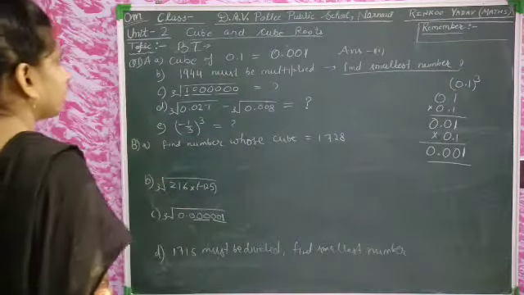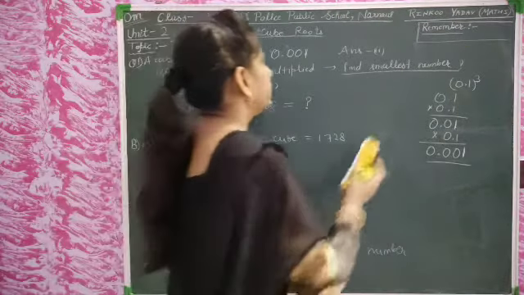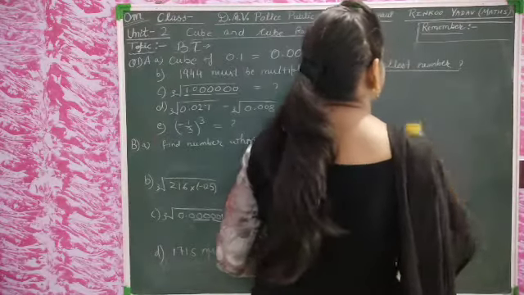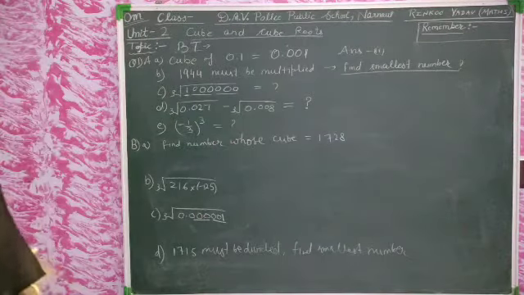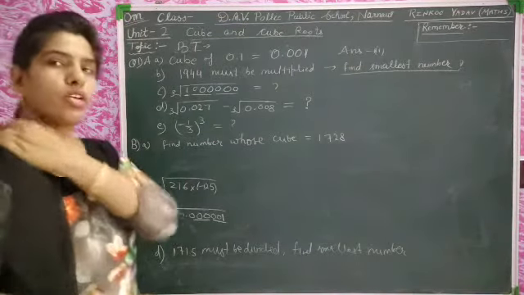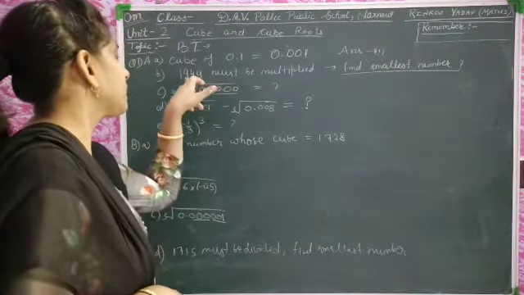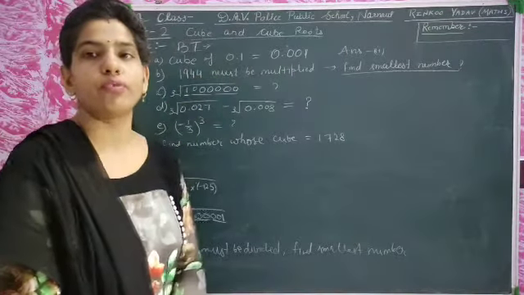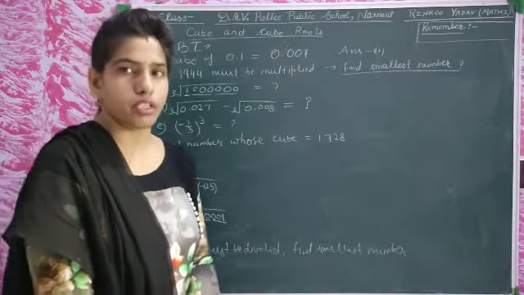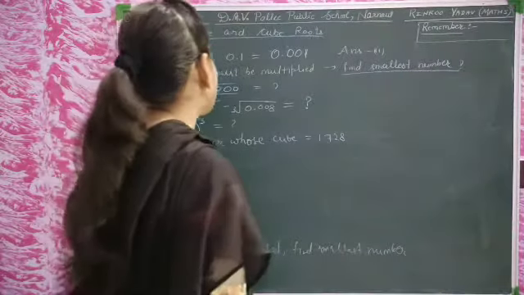There must be 1944 must be multiplied. Find the smallest number by which 1944 must be multiplied to become a perfect cube number.